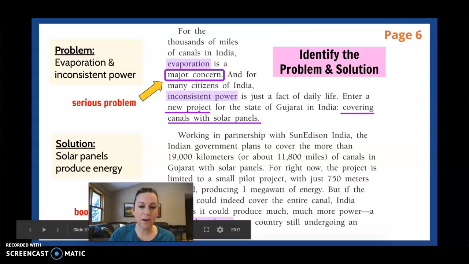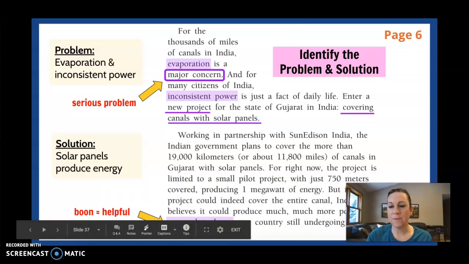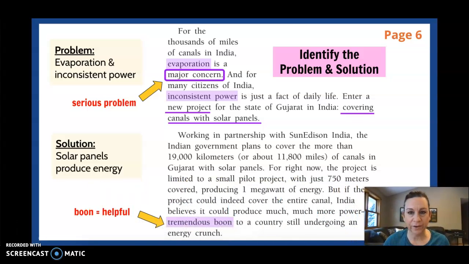And then I wanted to point out this word because it's weird and different, and I don't know if you've ever heard of it before, but it says tremendous boon. Okay, anybody ever heard of that before? No, me either, actually. So I had to look that up. Boon means helpful. So it talks about a tremendous help or helpful to a country still undergoing an energy crunch.